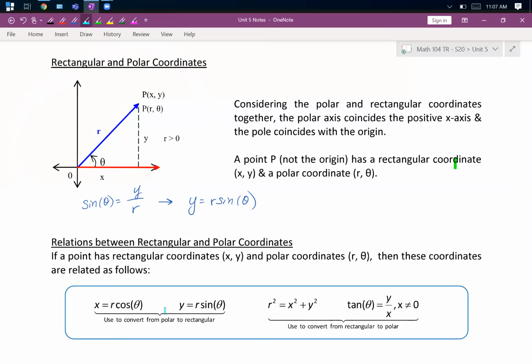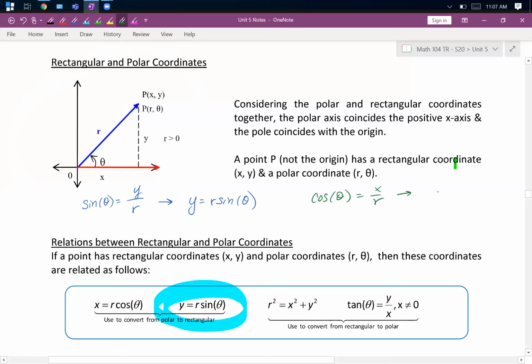Well, that brings us to one of our rules for converting between rectangular and polar coordinates. We can do the same thing with cosine. Cosine of θ is x over r, and we can solve this for x and get that x equals r times cosine of θ.